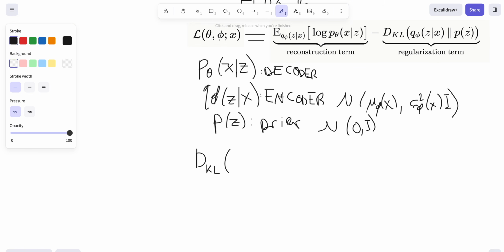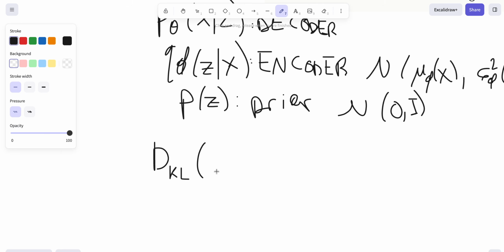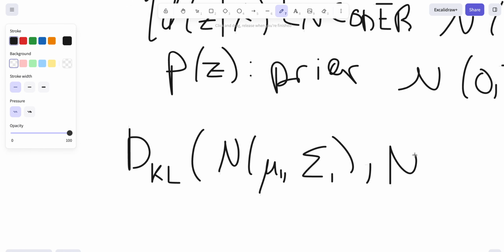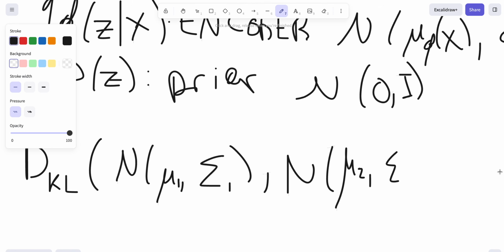Before we can simplify the Kullback divergence term, we need to find the Kullback divergence for two different normal distributions: mu 1, sigma 1 squared captures the first normal distribution, and mu 2, sigma 2 the second.